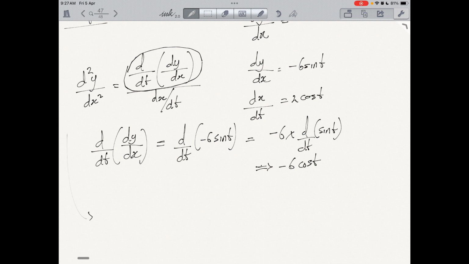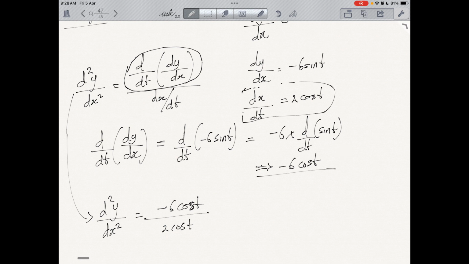Therefore, our d²y/dx² is equal to minus 6 cos t divided by 2 cos t, because our d/dt of dy/dx is minus 6 cos t and our dx/dt is 2 cos t.